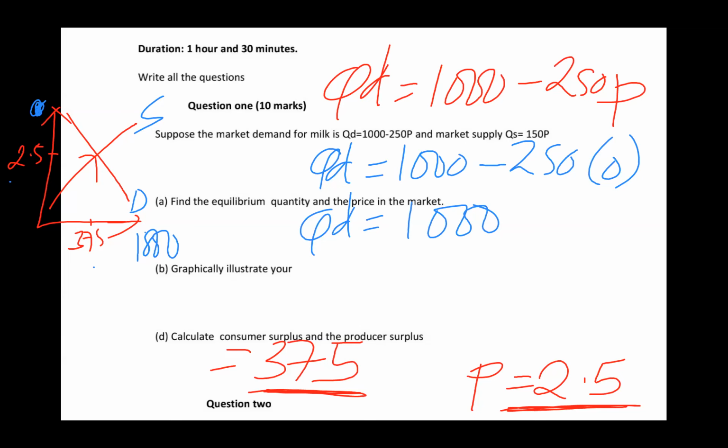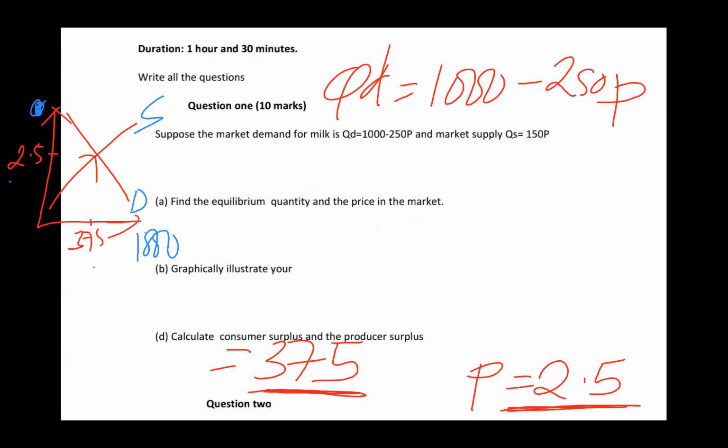All right. Thank you. We have found the quantity demanded to be 1,000. Now we also need the price. Using the same equation, if you want the price, you set quantity equal to 0.